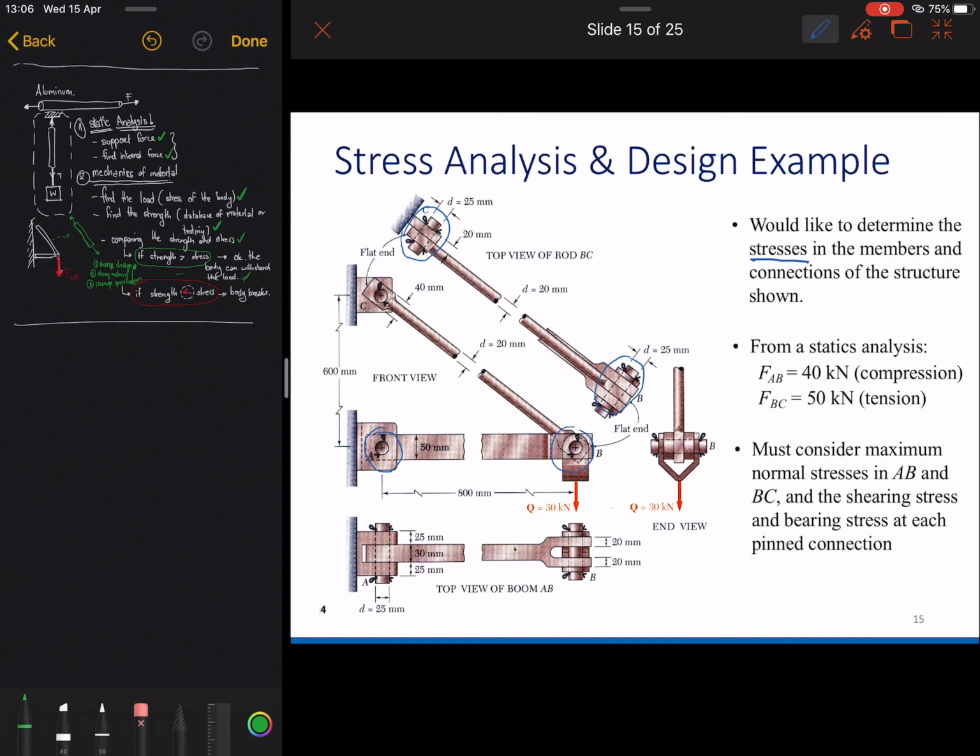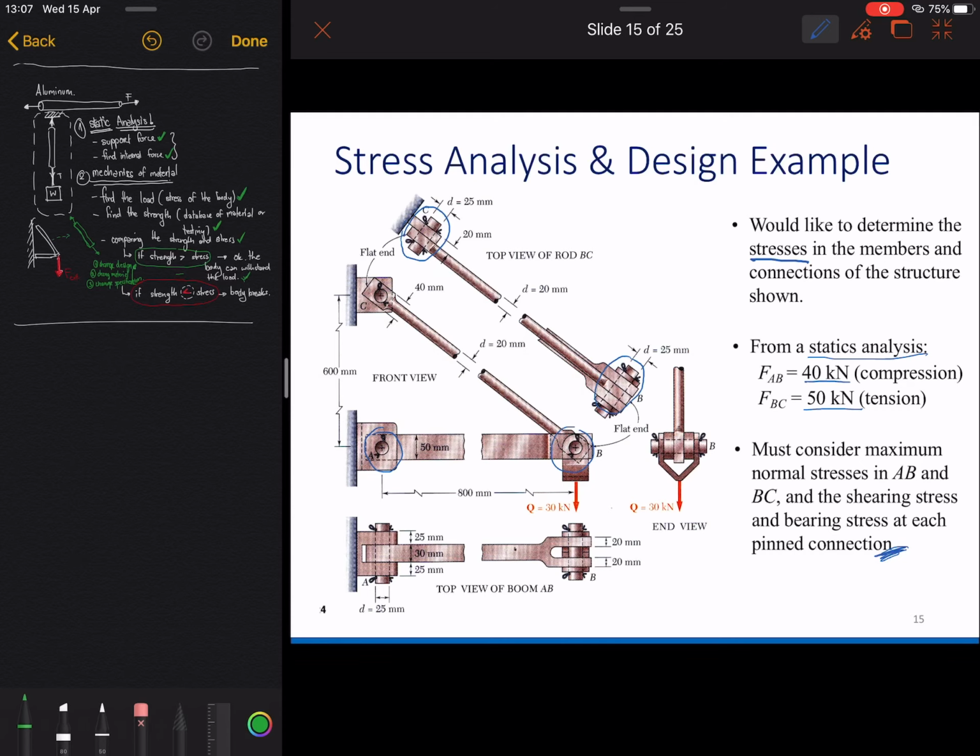From the static analysis again, we have 40 kilonewton for force in member AB, and 50 kilonewton for member BC as tension. So we must consider the maximum normal stress in AB and BC, and the shearing stress and the bearing stress at each pin connection. Here is what stress we have to find.